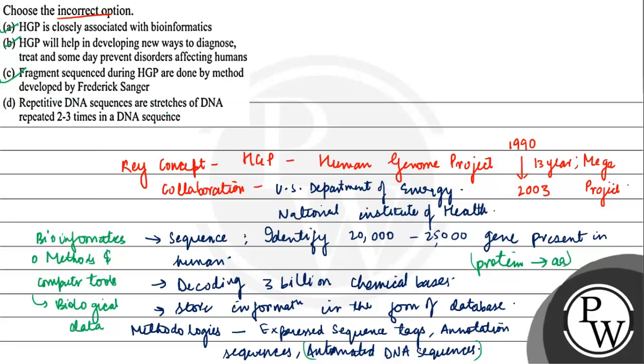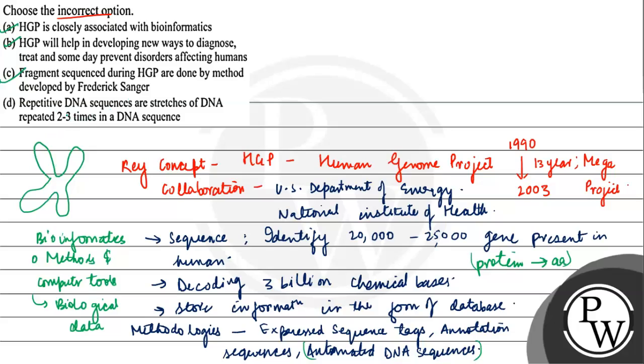The repetitive DNA sequences are stretches of DNA repeated 2 to 3 times in a DNA sequence, which is not true. Suppose we take a chromosome. In this chromosome, the major part of the DNA is present in the condensed form, and the major part is repetitive DNA. That means there can be thousands of repetitive DNA sequences, and they are not repeated 2 to 3 times.